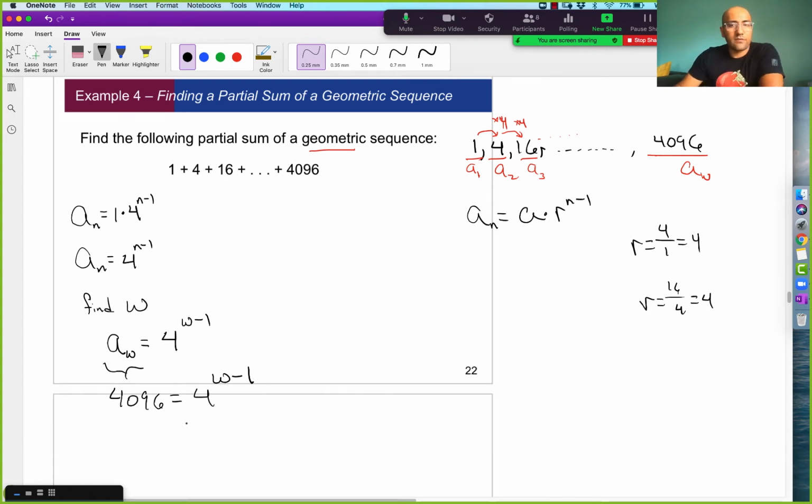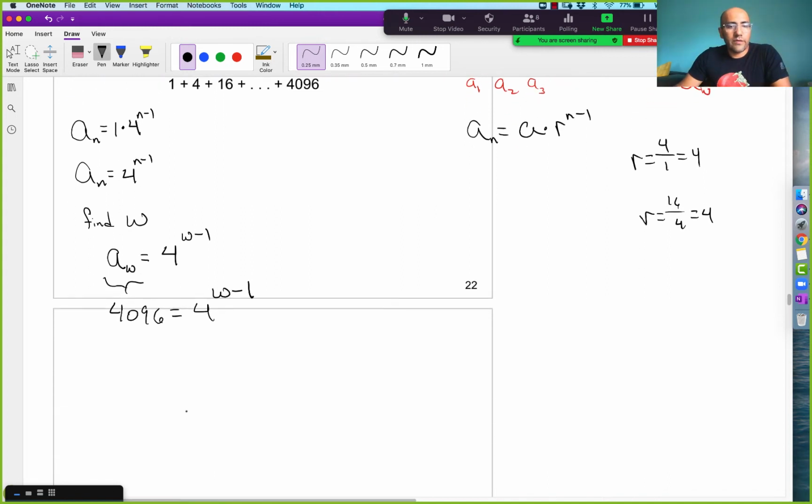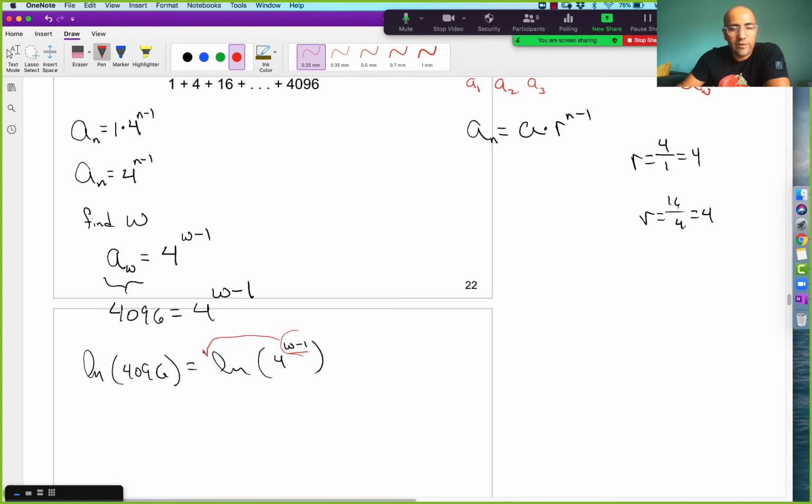Well, we take advantage of our awesome log properties, right? So let's apply ln to this side. 4096 equals ln of 4 to the power of w minus 1. One of the great reasons why we study logs is because it has a fantastic property that we get to move the exponent out in front like a linear factor, and that's how we are able to solve things that are up in exponents.